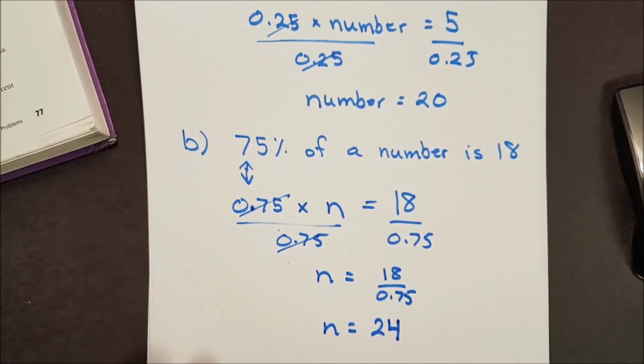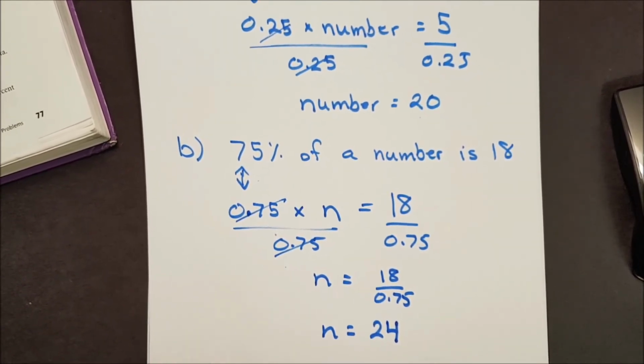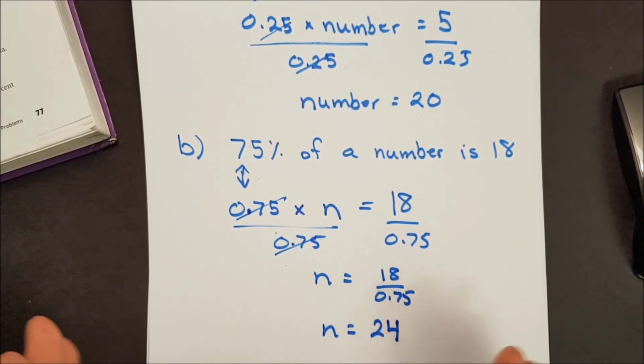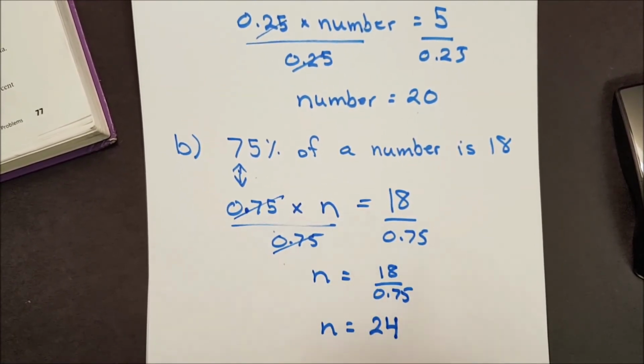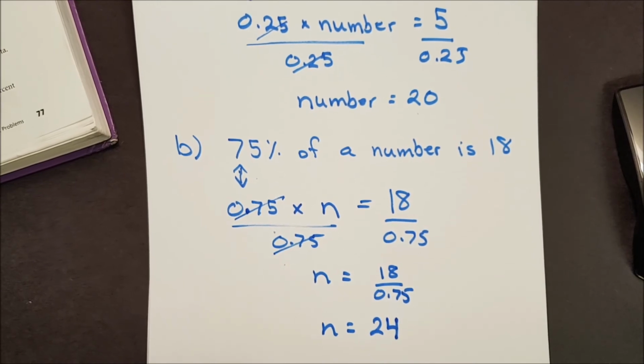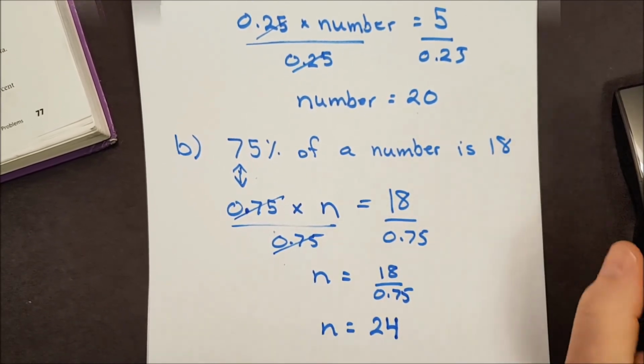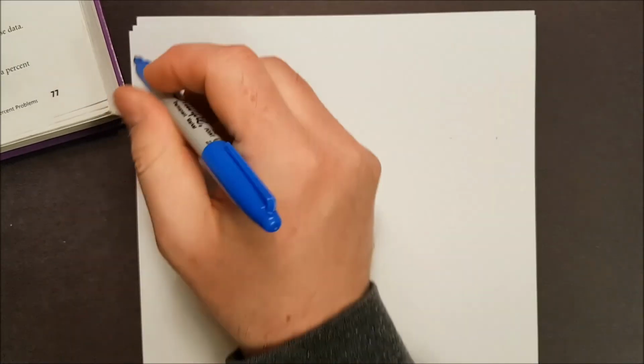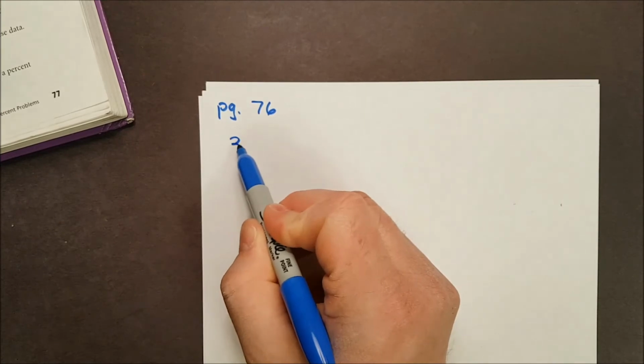Okay, much faster, much easier, but do remember using the diagrams and the number lines will help you solve more difficult problems in the future. Okay, let's do question 3b on page 76. And I would like you to use a similar approach to question 3a.